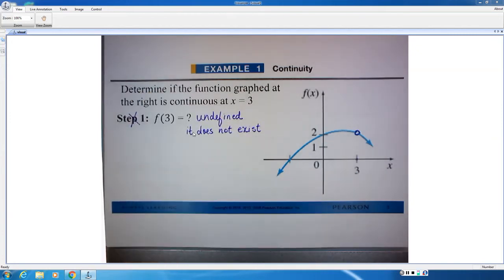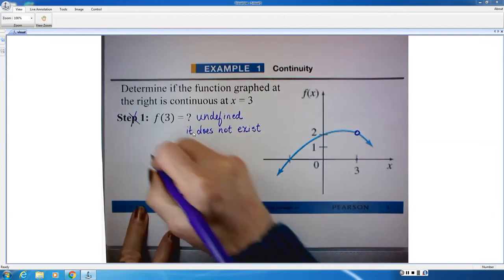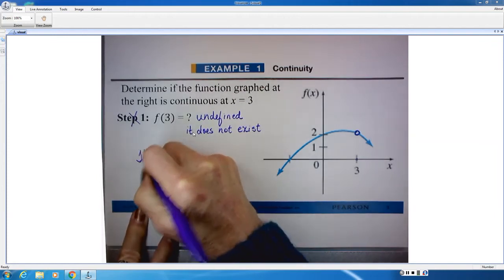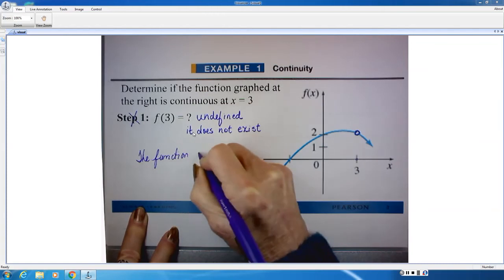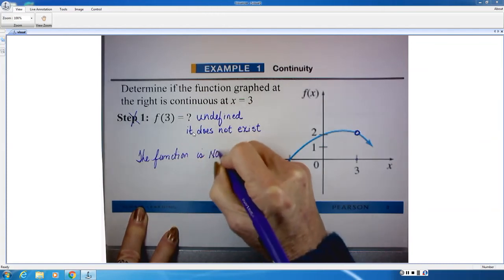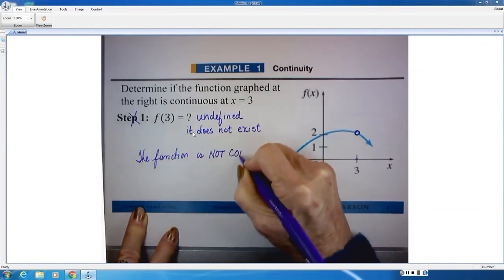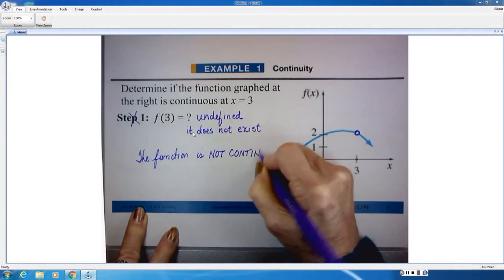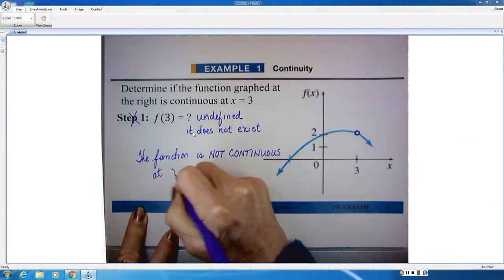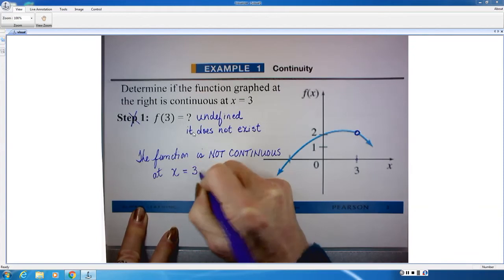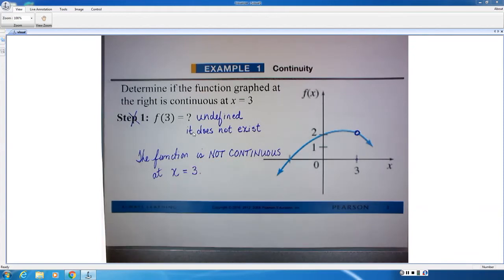And because it failed step 1, the function is not continuous at x equals 3. Okay? It is not continuous there.